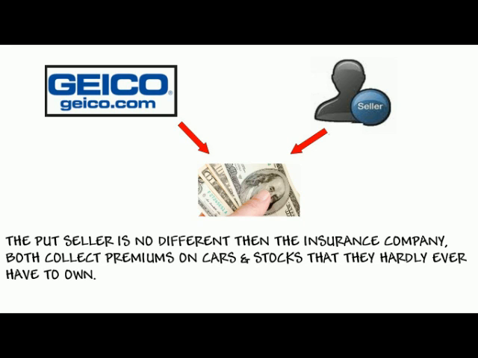And the owner of the stock is paying the seller of the put, that's who we are, a premium just in case their stock crashes and burns to a particular price. Then you would be obligated to buy the stock. So being a put seller is no different than being an insurance company.